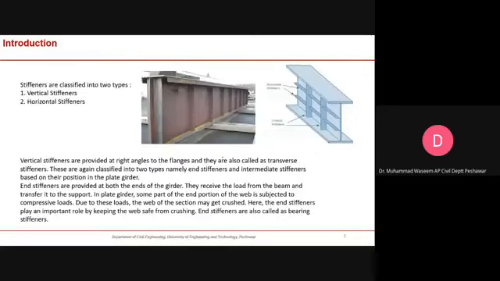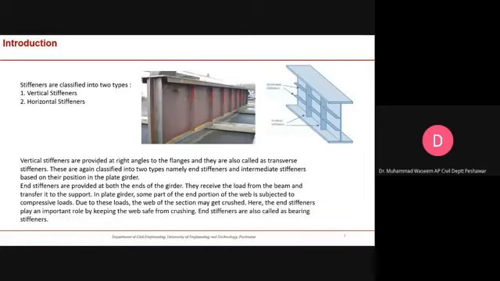So the next is the stiffeners. In this figure, you can see that this is a flange, a very thin, tiny plate, okay. This is a web. But apart from that, you also have these vertical elements, okay. These are called stiffeners. Now stiffeners can be classified into two categories: vertical stiffeners and horizontal stiffeners.